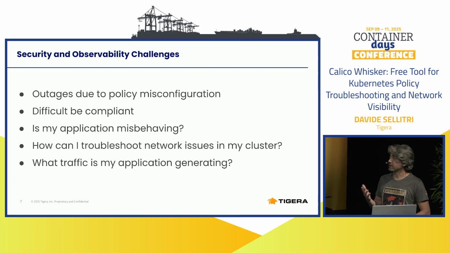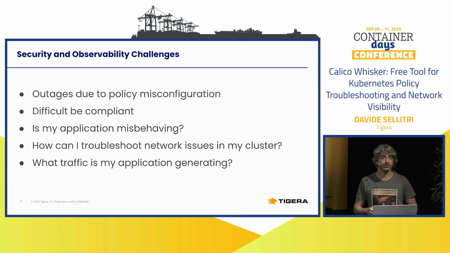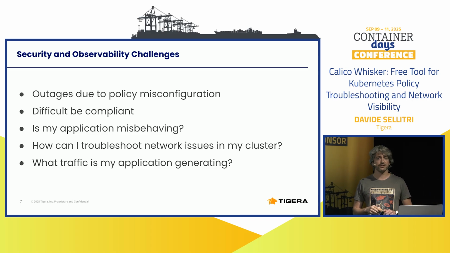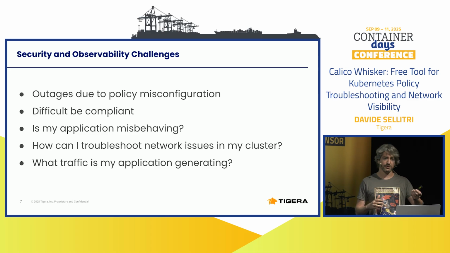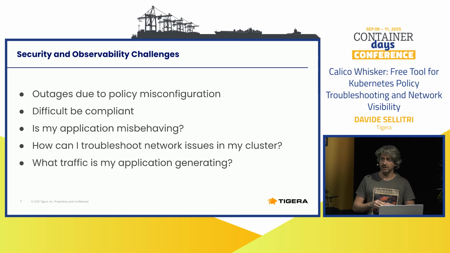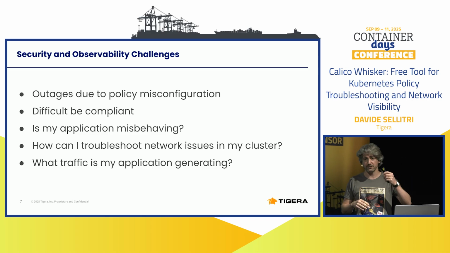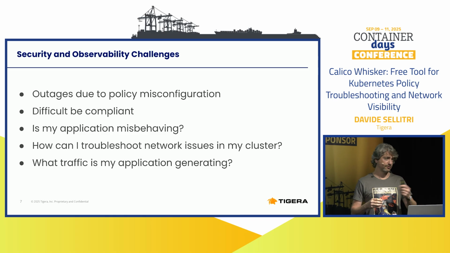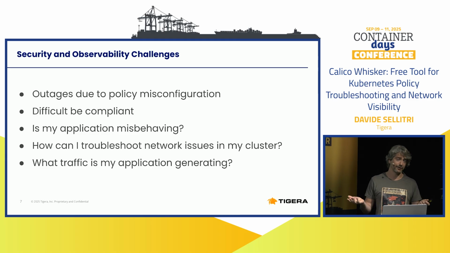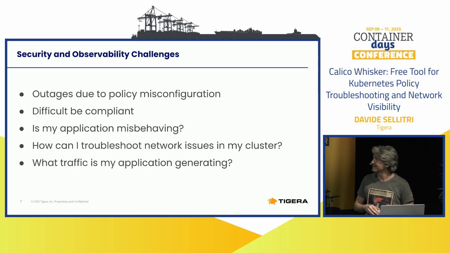Some common struggles are outages because of policy misconfiguration. This is really common. You try to apply a network policy or a Calico policy. You hope that it will work as expected because you've been told that you need to allow or deny this traffic. Then you apply the policy and something breaks. You don't know why.